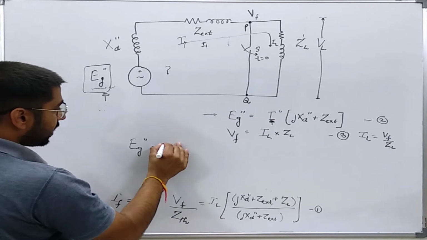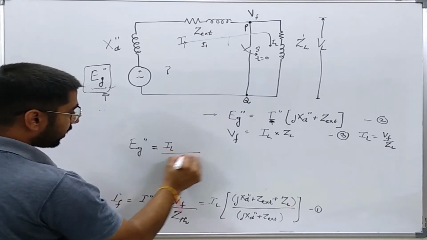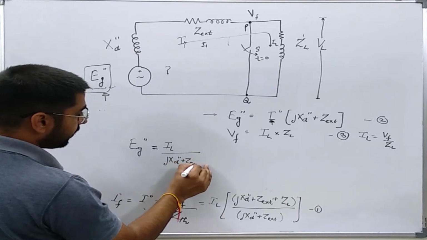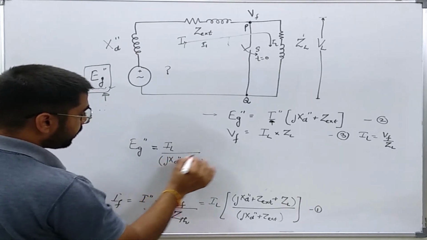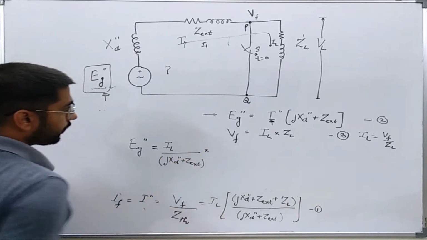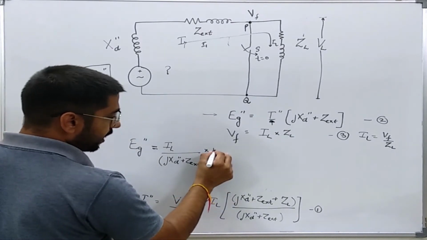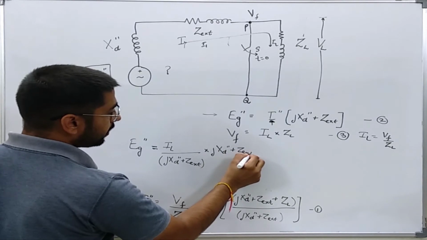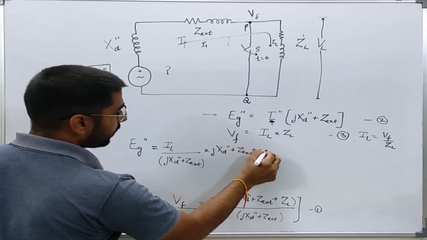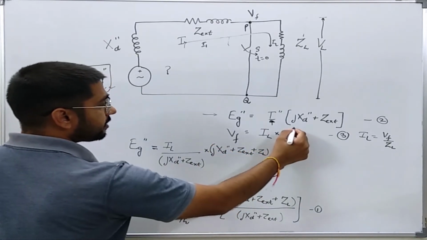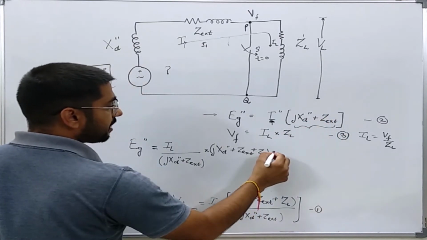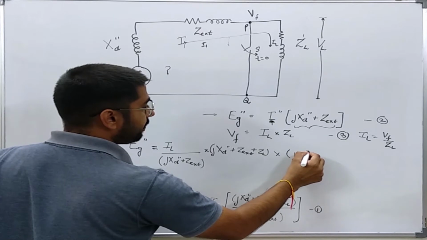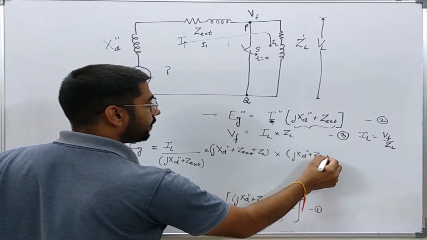It is IL over (JXD double prime plus Z external) into (JXD double prime plus Z external plus ZL), and this is the value which is coming from equation number 2, JXD double prime plus Z external.